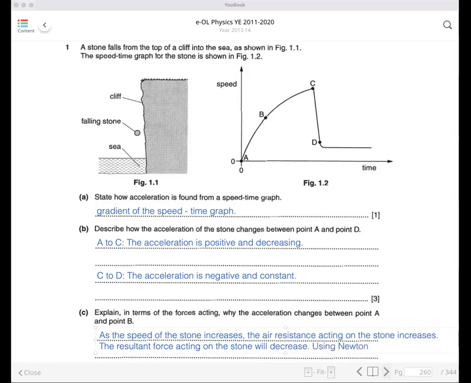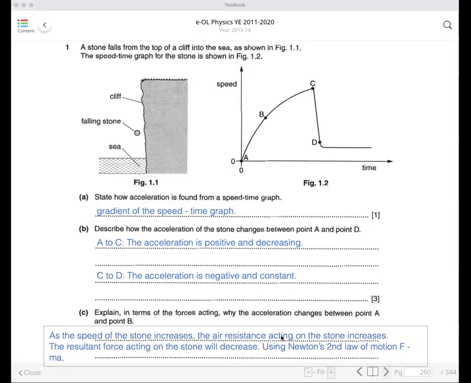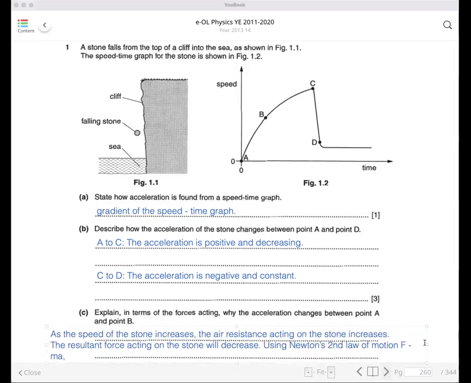So using Newton's second law of motion, F equals ma, as the resultant force decreases, the acceleration will decrease.